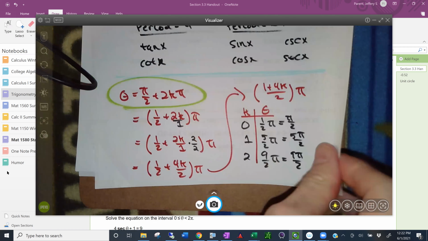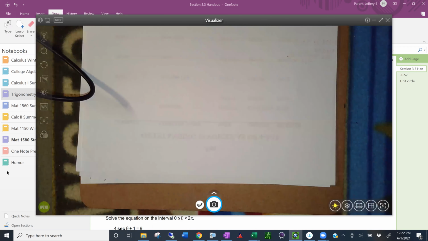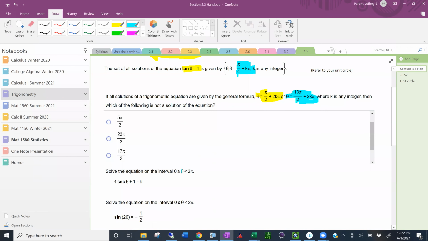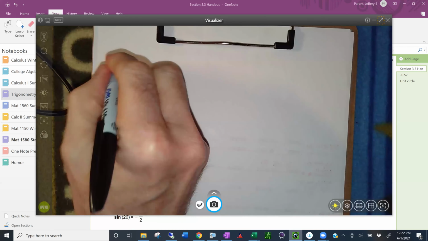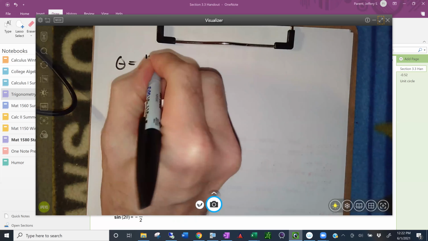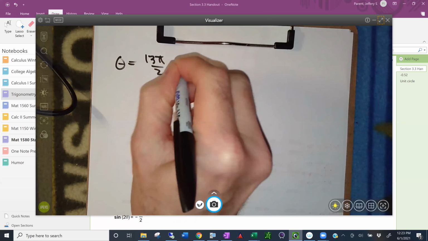All right, so let's look at the other part then. The other part looks like this: theta equals 13 pi over 2 plus 2k pi.